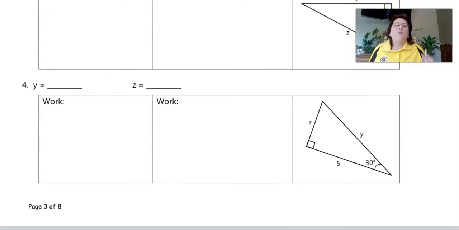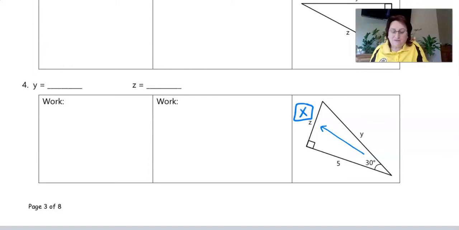Very first thing, we are going to label the triangles with our ratios. Across from the 30-degree angle is our ratio of x, and I put a box around it. Across from the 60-degree angle, wait a minute, the 60-degree angle is not labeled.